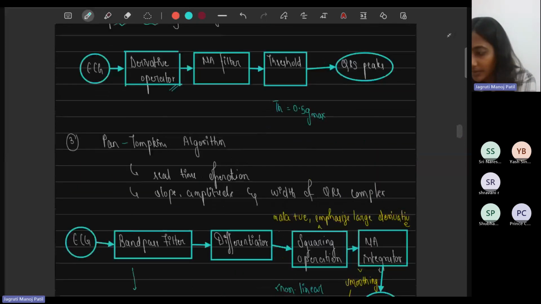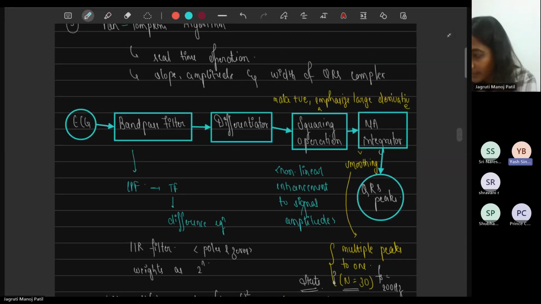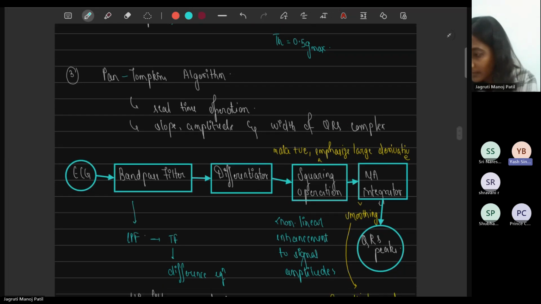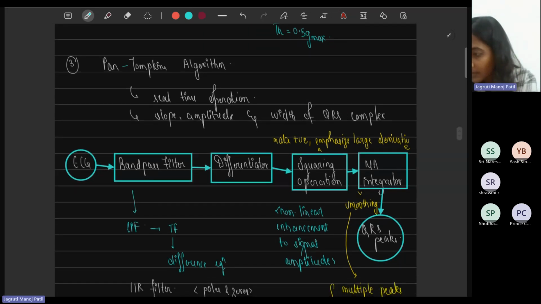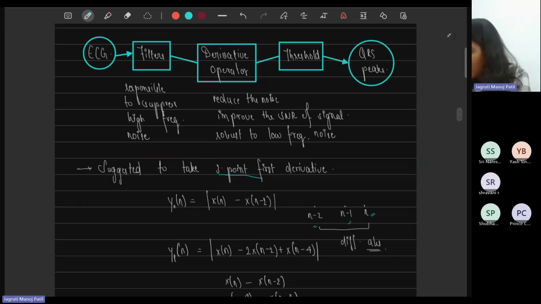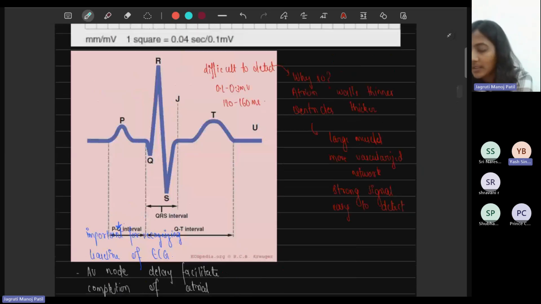What is the role of the differentiator in this peak detection, in the ECG signal? Okay, the ECG signal is more like this. Here you can see that the slope is varying again and again.